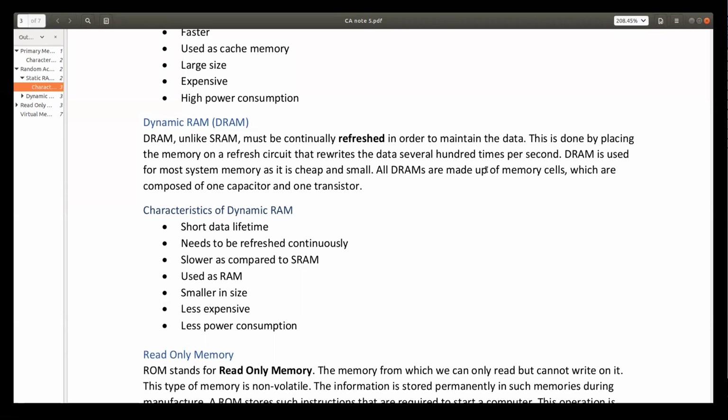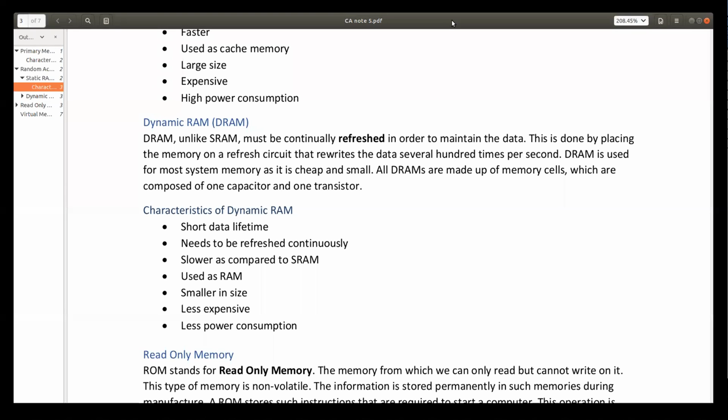So basically, in my opinion, the main reason is the cost. Cost is the main reason, because in dynamic RAM the cost is much lesser.